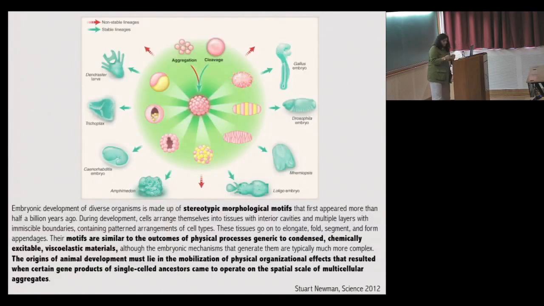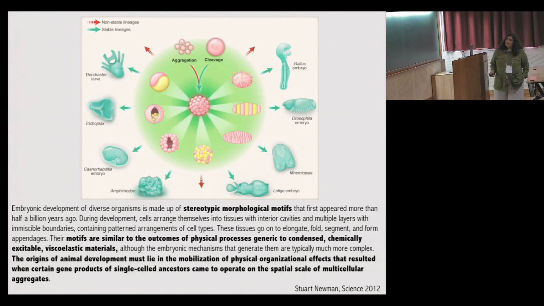And I would just like to point to one very interesting and probably very correct statement that was made by Stuart Newman very recently, that you could look at a large variety of organisms and their development patterns by which they acquire their distinct shapes.